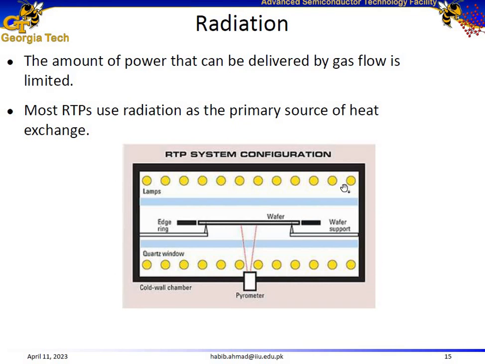In radiation, we have lamps. These lamps are mostly tungsten halogen lamps, represented by the yellow dots over here. We perform the rapid thermal processing in a closed chamber, and we place our wafer inside this chamber, and then we have a pyrometer to measure the temperature with respect to time as well.